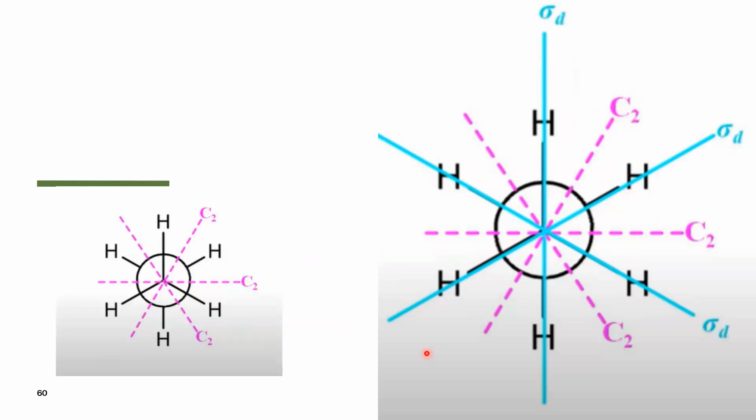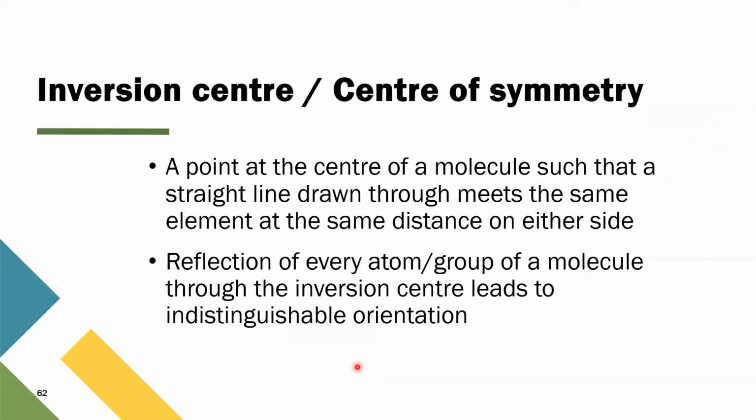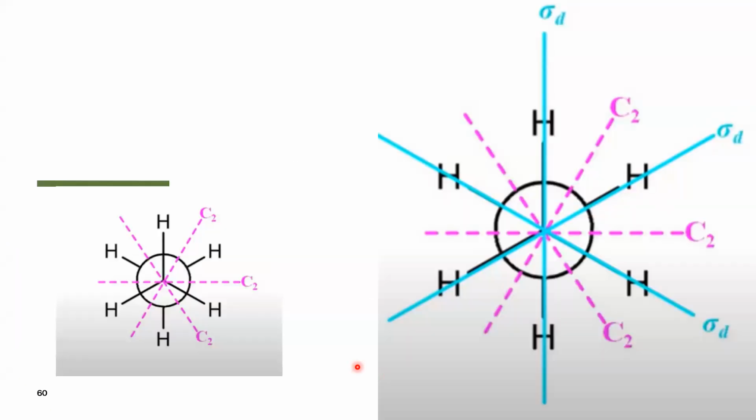In between that, along this H carbon H bond, you get a mirror plane. And it is called the sigma D because it bisects two C2 axes, right? So we have two sigma Ds in staggered form of ethane, right?